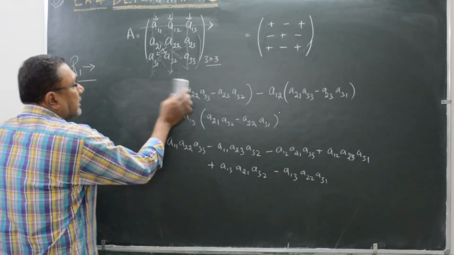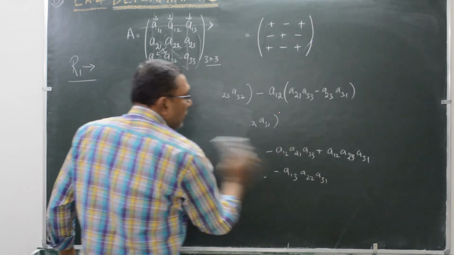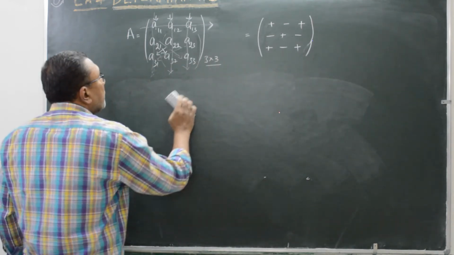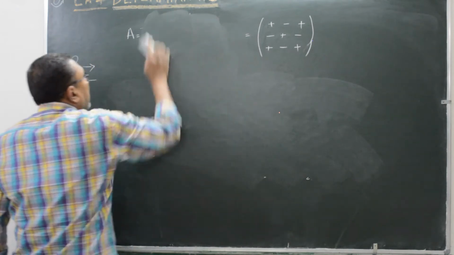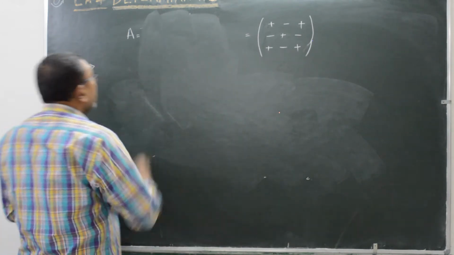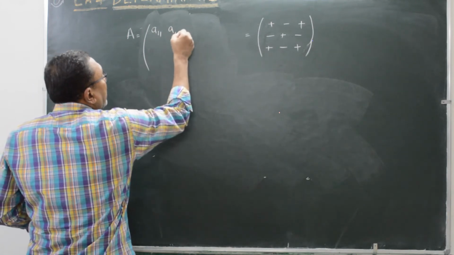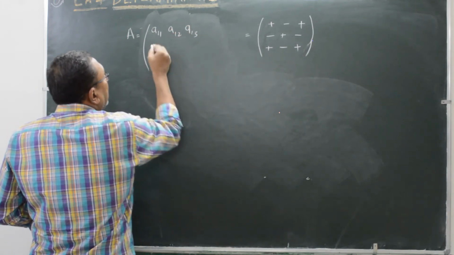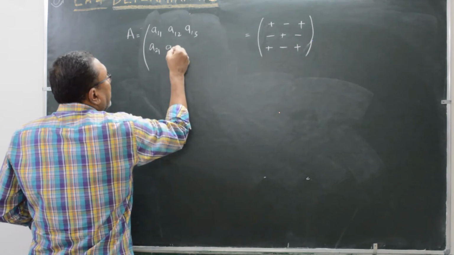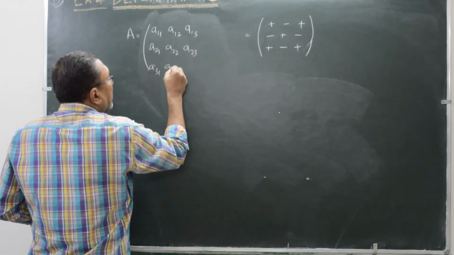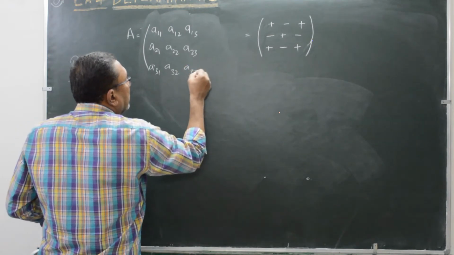Let us see how to do this calculation. I will again rewrite this particular matrix: A11, A12, A13, A21, A22, A23, and A31, A32, A33.